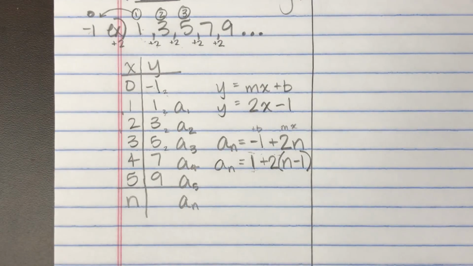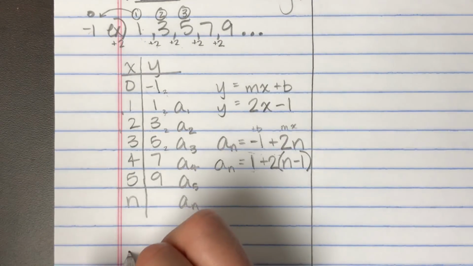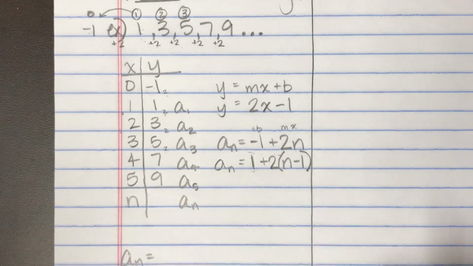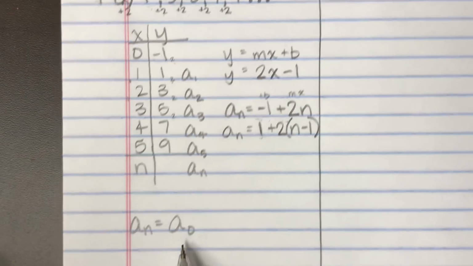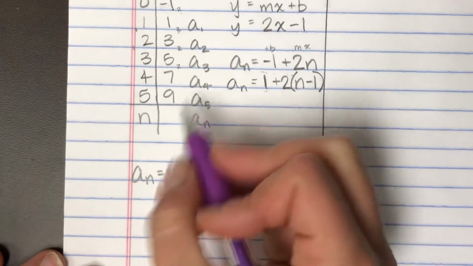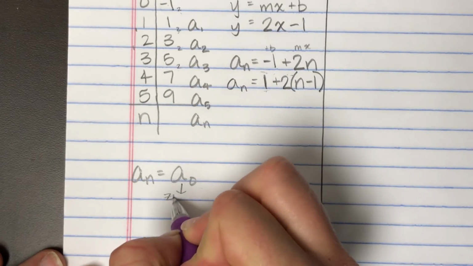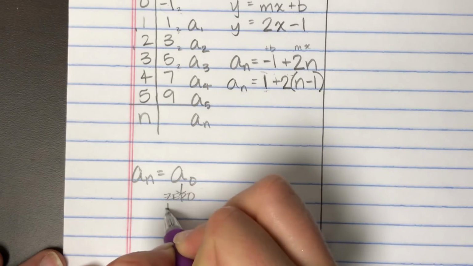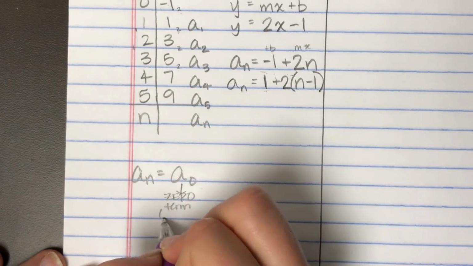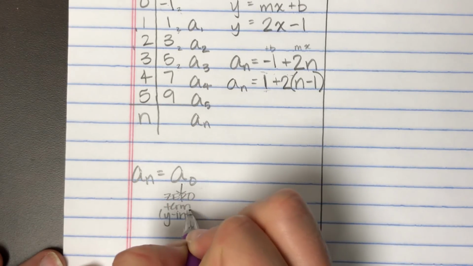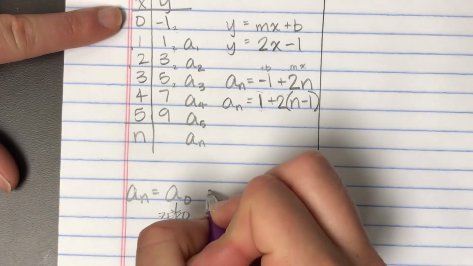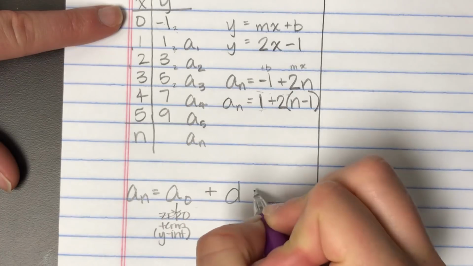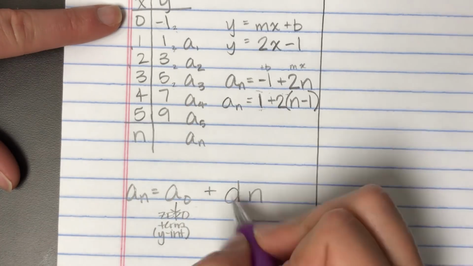So what you need to know is you've got 2 versions of the formula. You can say a sub n equals a sub 0, that is your 0 term, which is the y-intercept, because I had to go back to where the 0 value was, plus d times n.